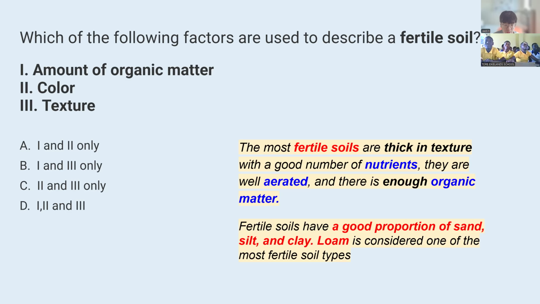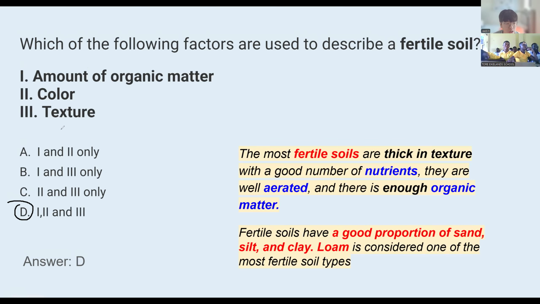If you said D, yeah, I heard D, and that is correct. Nice job. It's all one, two, and three. So all of these are factors that are used to describe a fertile soil.